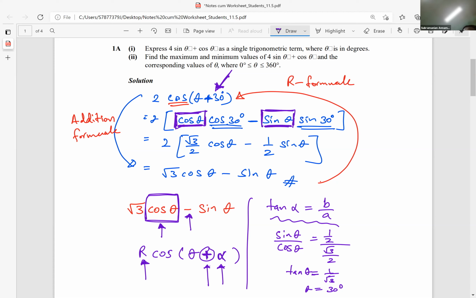So this is very important, something that you must know. Besides this, all the bubble wrap is very important. So how do I get my R? The R is actually your radius.